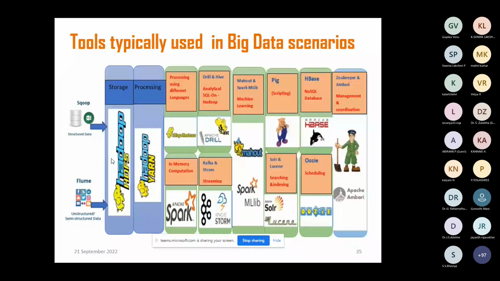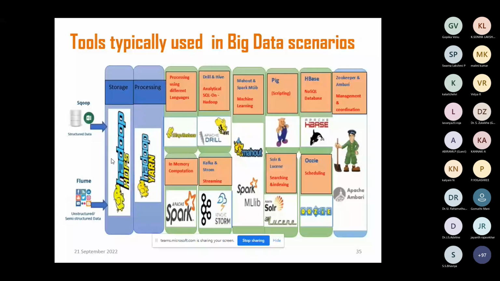And another one is like Drill and Hive. Hive almost looks like a query processing tool where big data query processing can be very well handled, or simply to say SQL.